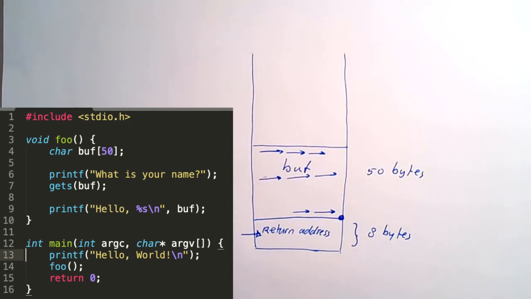C is one of those programming languages that does not do boundary checking, so it's more than happy to do that for you. That basically means this: if I take an input, which I do in my program on line 7, and I don't do anything with it, I don't make sure, for example, that the input isn't more than 49 characters long, as an attacker, I have a way to inject machine executable code into my program.